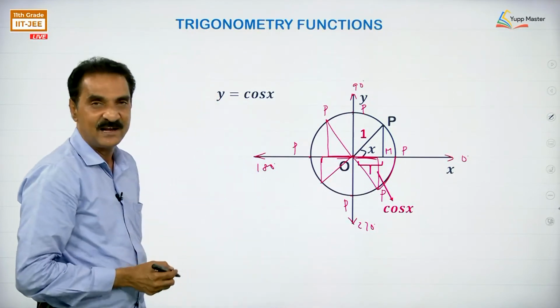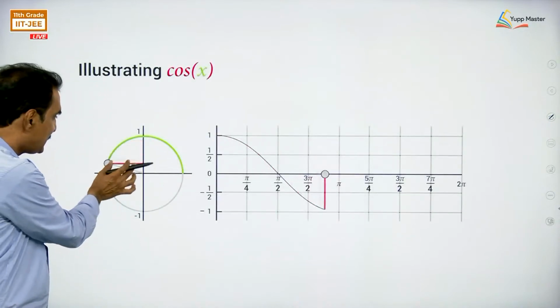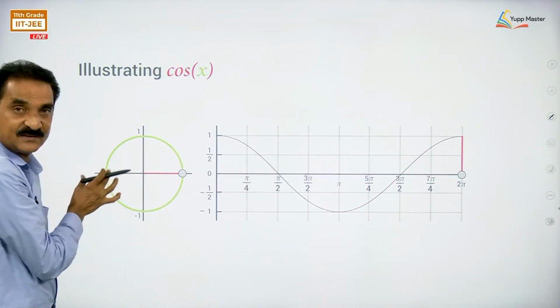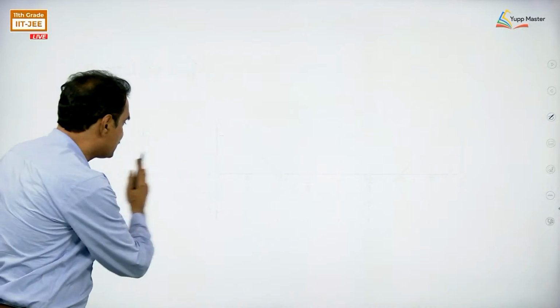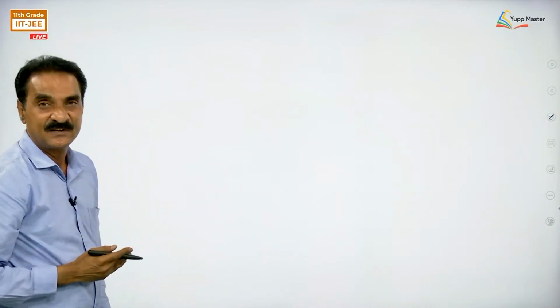Let us see that in the animation. This is the animation. See that red line, that red colored length is cos x. If it is towards right, cos x is positive. If it is towards left, cos x is negative.